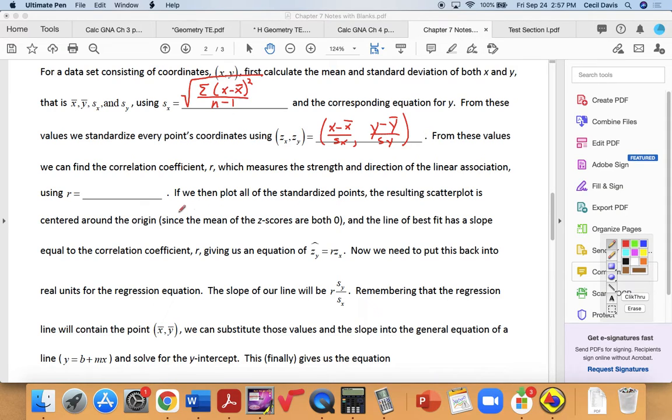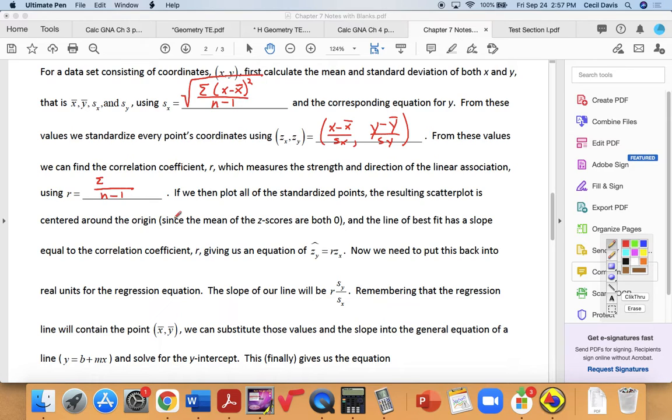Remember, we talked about how to find the correlation coefficient. Anyone remember that one? Something times something over n minus 1, or the sum of all something times something. Well, we just found the z-scores.